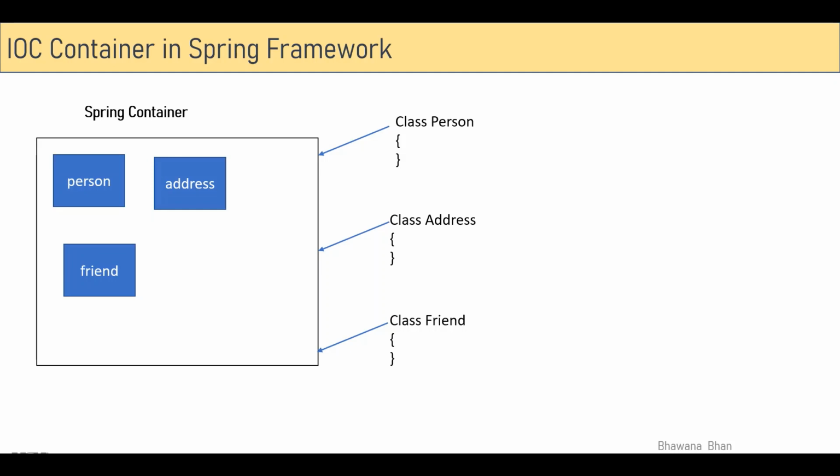Whenever we require it, we tell the container to give us that object and we use it. This is exactly your IOC container. That's what we have written over here: now this is not my responsibility, I don't have to create the object, only the container is going to do it.